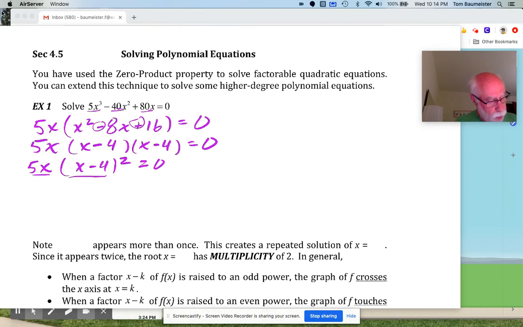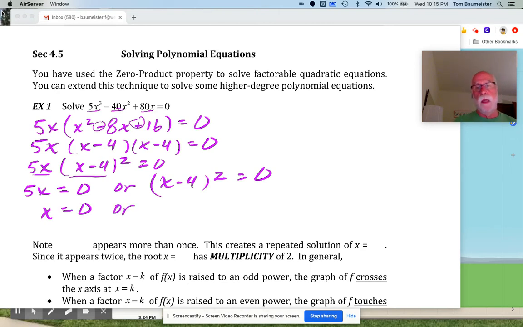So we can say that 5x is equal to 0, or x minus 4 squared is equal to 0. If I divide by 5 on this one, I would get x is equal to 0.